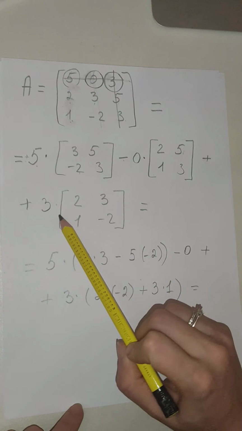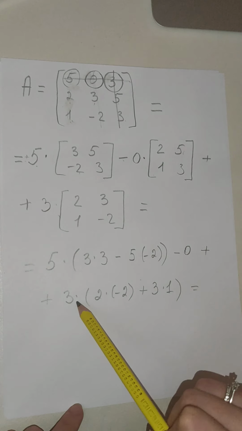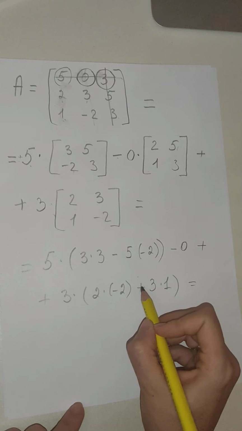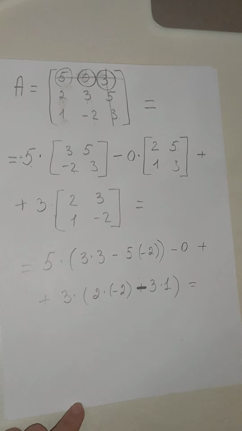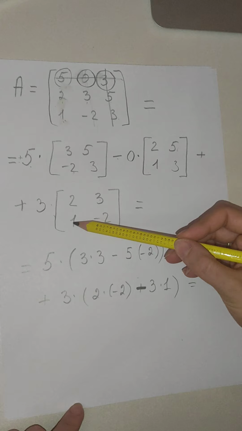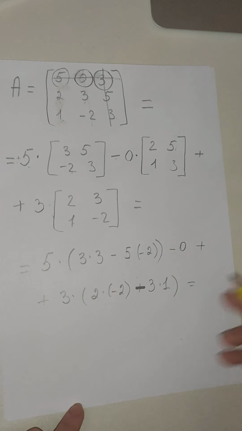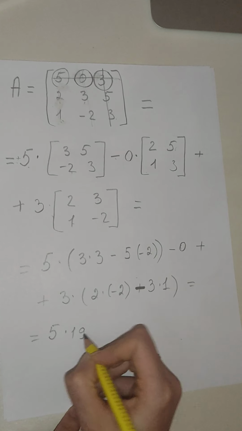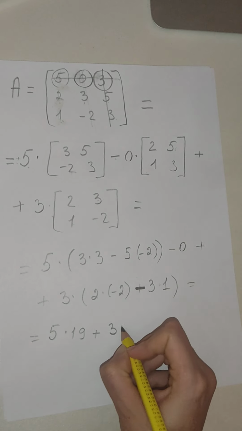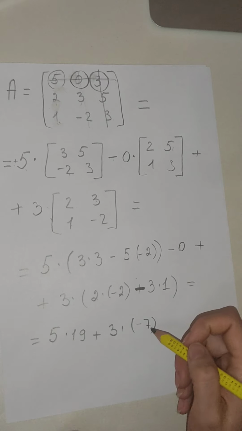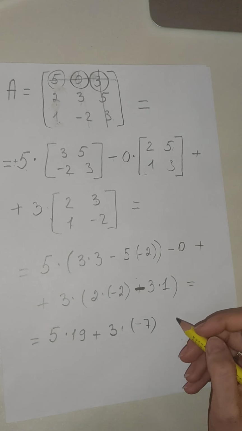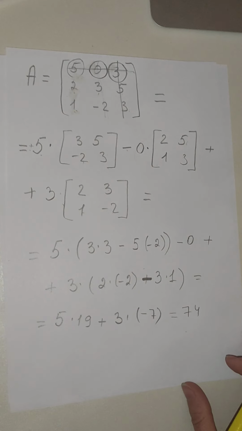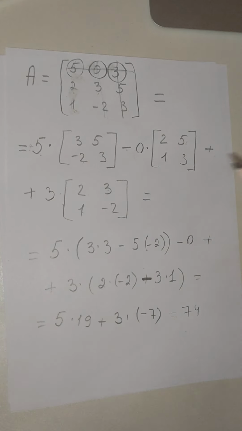And let's continue. 3 times 2 by negative 2, or not plus, sorry, minus 3 times 1, and it's equal to 5 times 19 plus 3 times negative 7, and this is equal to 74. This is the determinant of the 3 by 3 matrix.